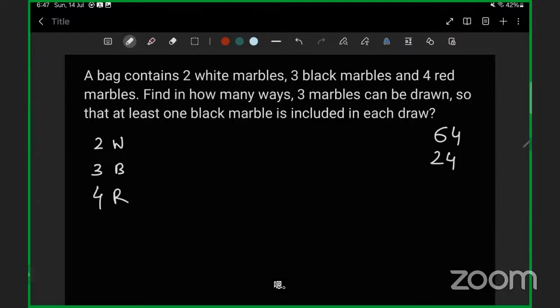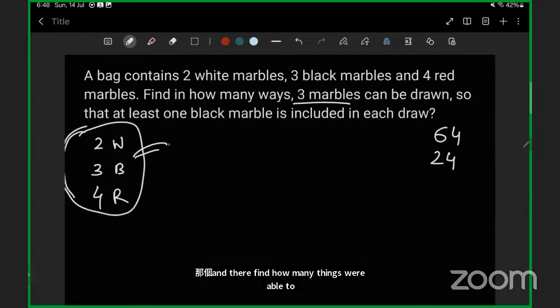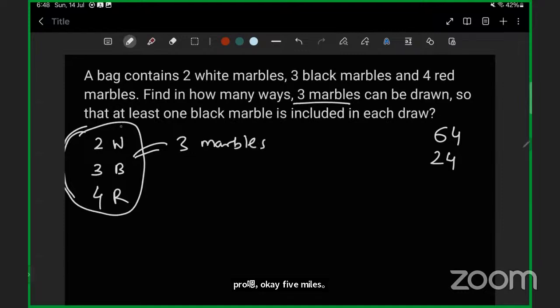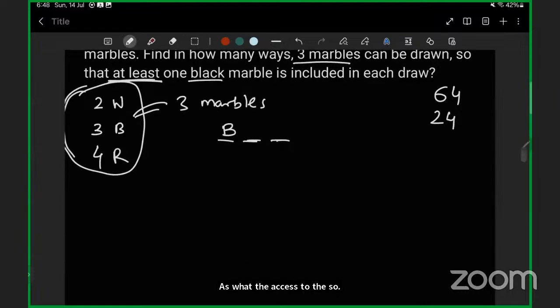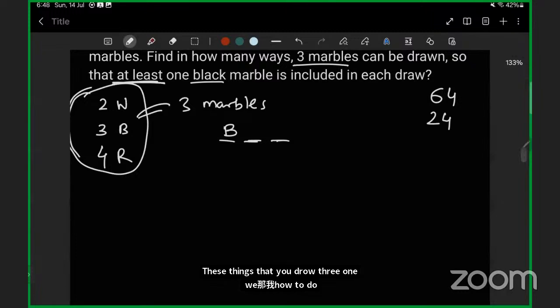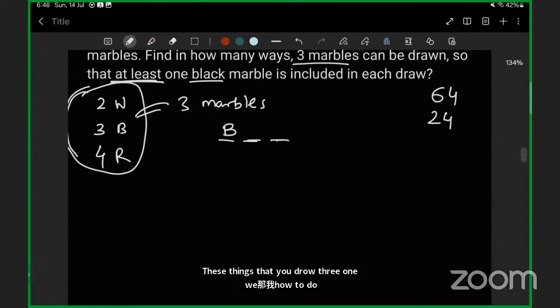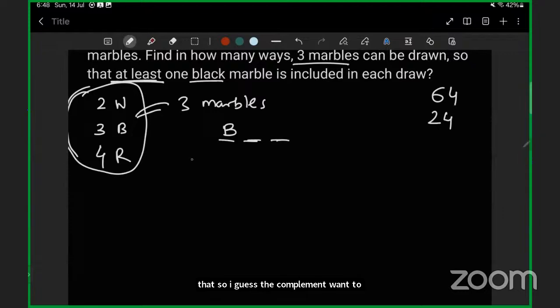They're saying find how many ways 3 marbles we have to draw, such that at least one black should be there. Draw three, one should be black. Now how to do that? I'll go first with the complement one. If you don't get it, then I'll do case by case also, but I think the complement way is easier.